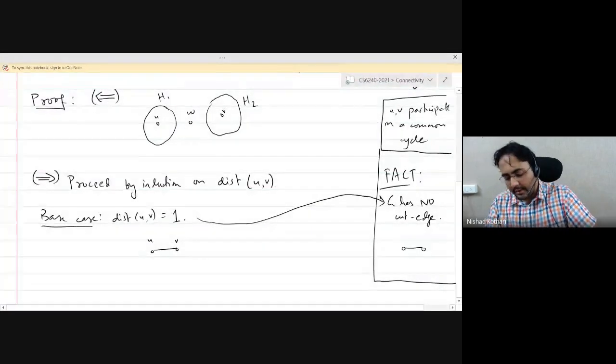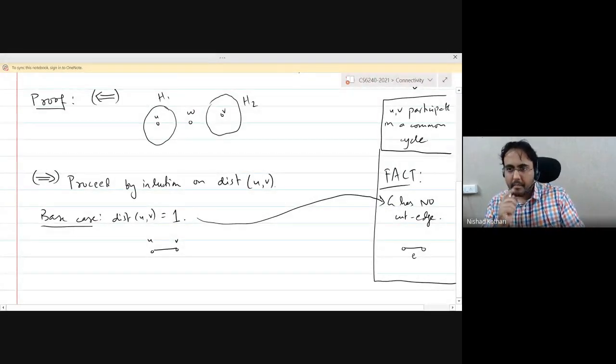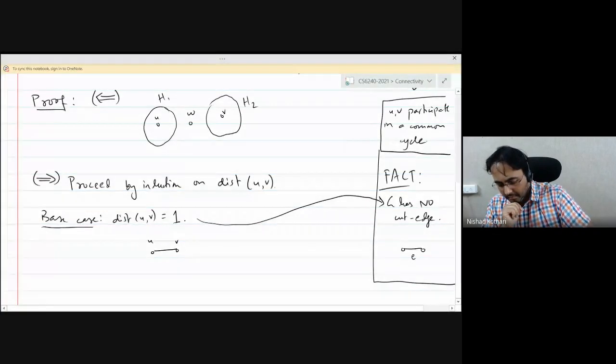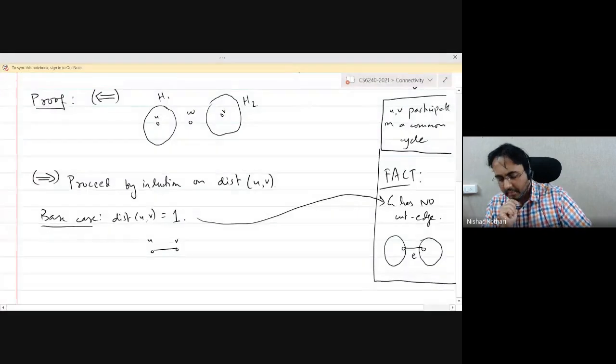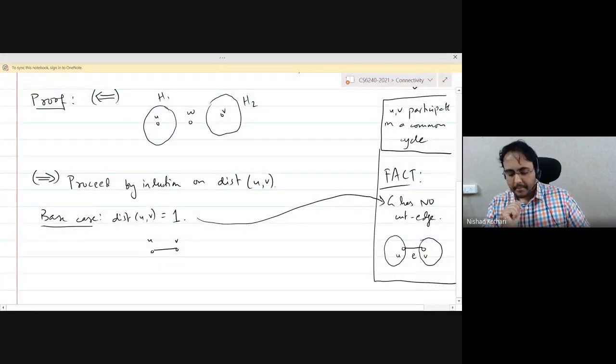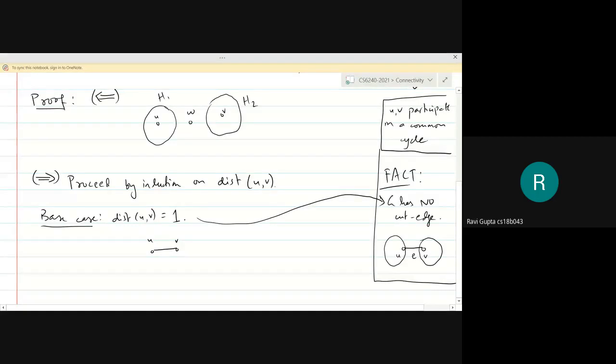Can anybody tell me why the graph cannot have a cut edge? Because then at least one of either U or V would be a cut vertex.